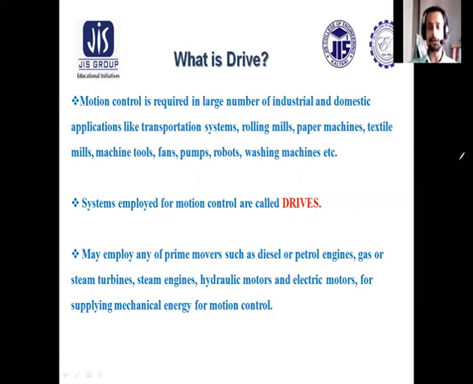If a system employs petrol engines, steam turbines, or gas engines, then it would be called a drive. But if it is controlled by means of electric power along with electric motors, then it would be called an electric drive. Electric drive will be discussed in the next slide.